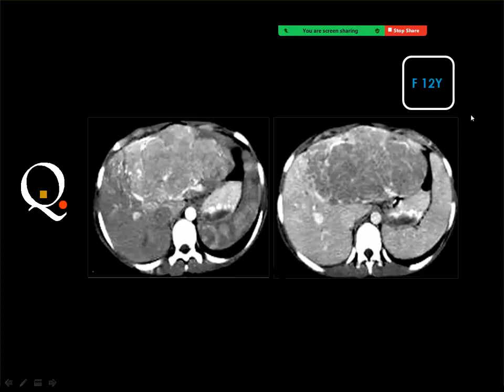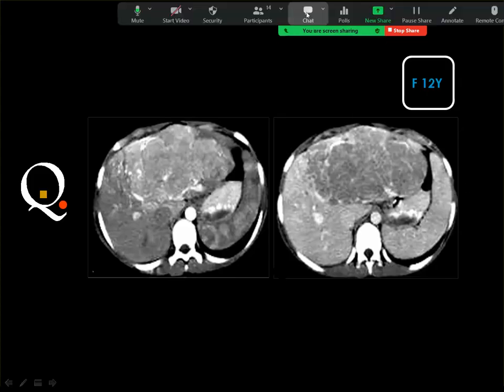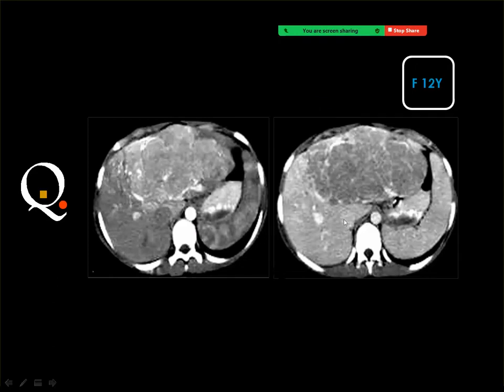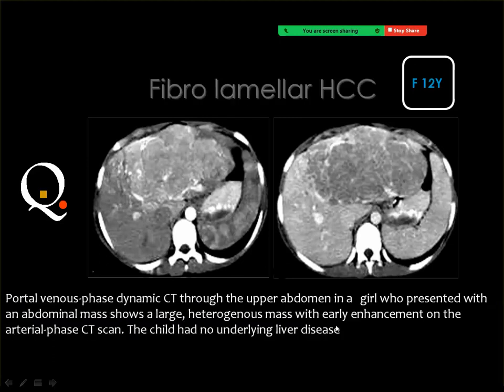The next case is a female child, 12 years old, with a big mass in the liver. No, this is not the age of hepatoblastoma. Yes, it is HCC, but a special type which can occur at this relatively young age, known as the fibrolamellar type of hepatocellular carcinoma.